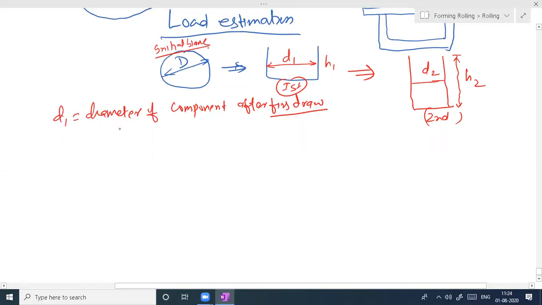So d1 I am writing diameter of the component after first draw, and capital D is your diameter of the blank, and you know t is thickness.